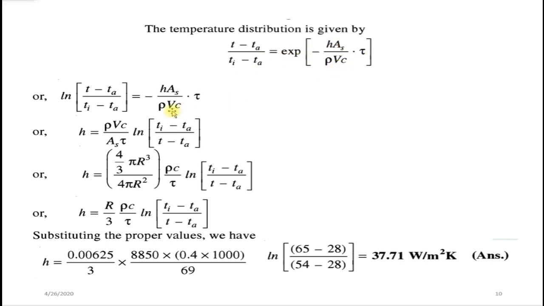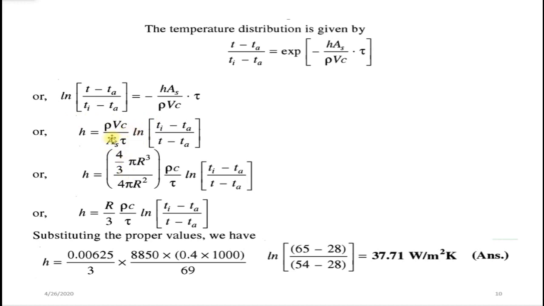Then we need the h value, because we have to find the convective heat transfer coefficient. From this equation, h is equal to rho into V into C divided by As into time into ln of this term.